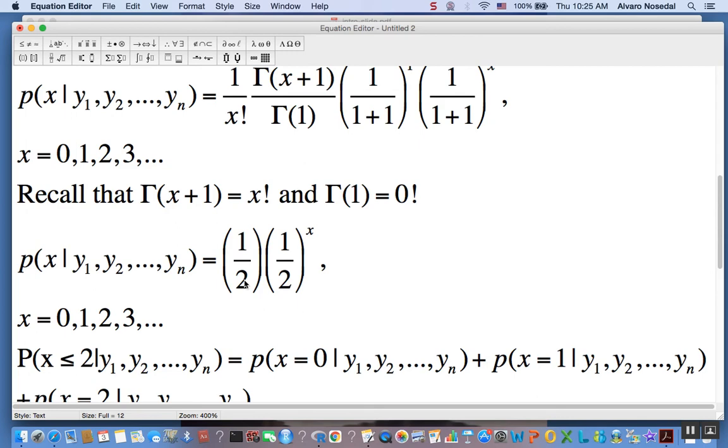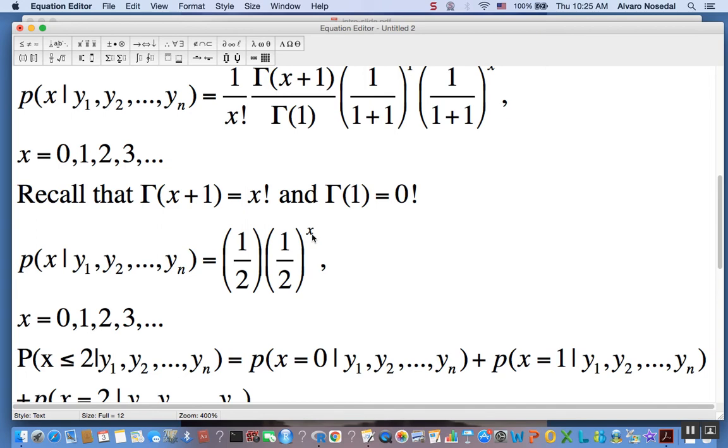But remember that, for instance, you could define a geometric distribution if the random variable of interest is the number of trials before your first success. If you define it like that, then you have to try at least once.